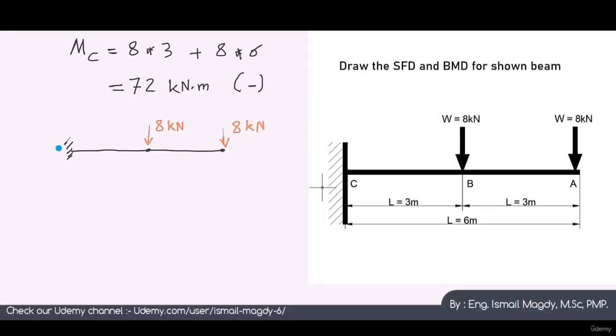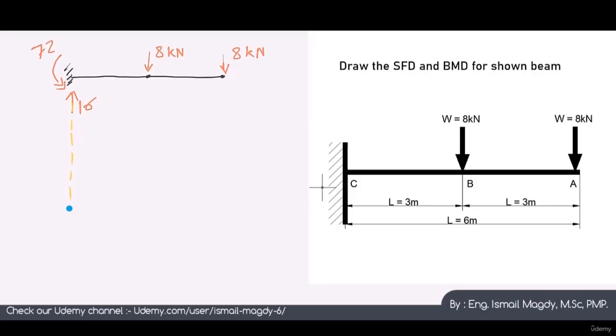And we know that the reaction now is 16 kN vertical and 72 kN meter of moment here. We want to start drawing the shear force diagram and bending moment diagram.